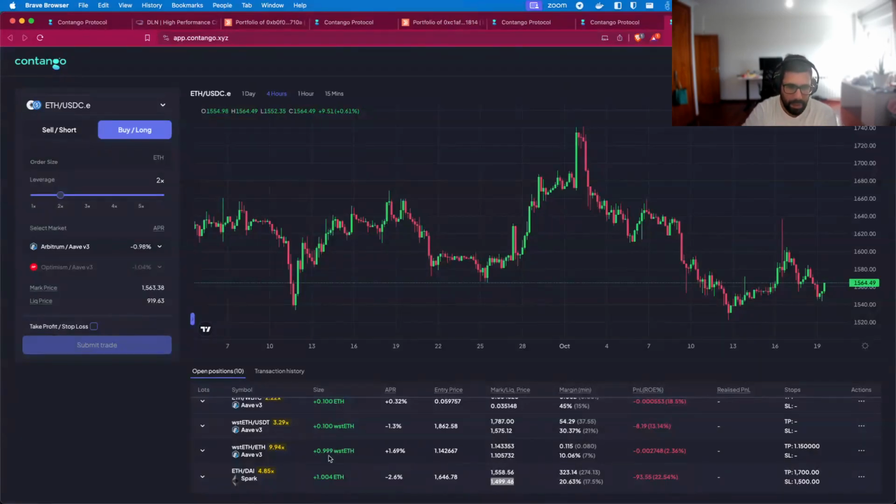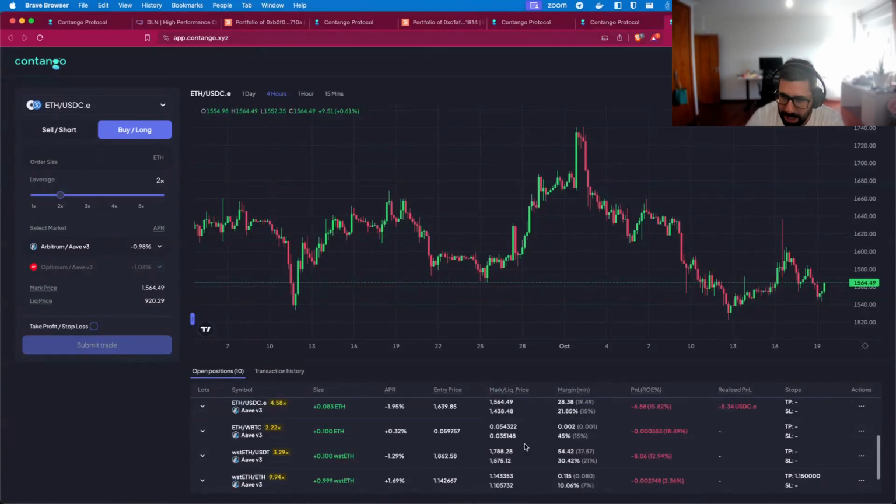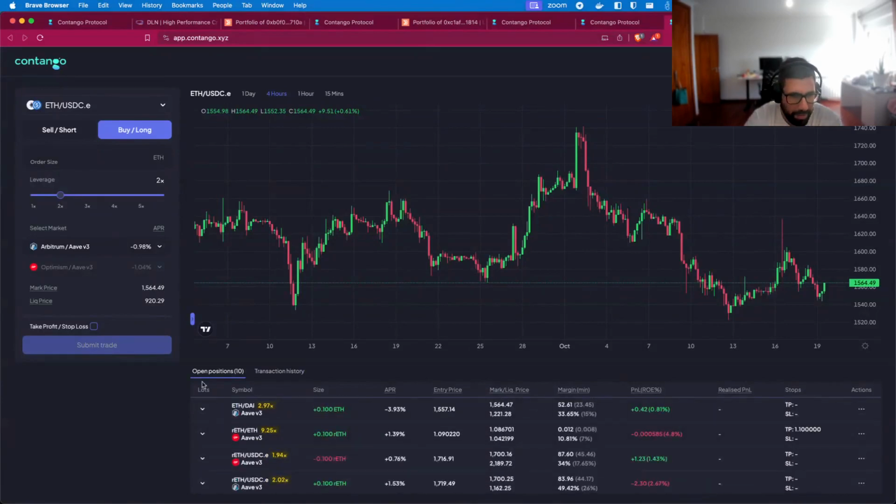So in a year's time, I should have 1.016 ETH. This is also represented in the exchange rate between wrapped staked ETH and ETH, so I also have a take profit that says if the market price reaches 1.15, just close it. Again, this is my test account, so a lot of the things don't make sense.